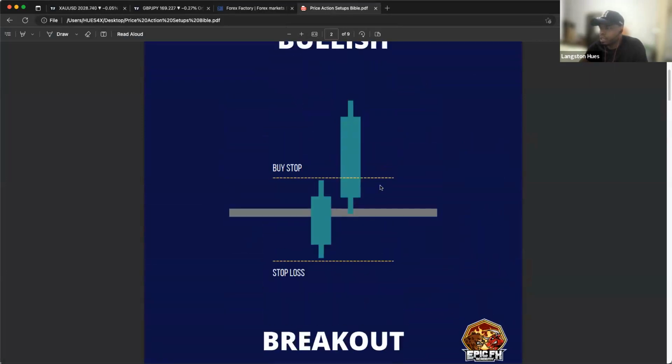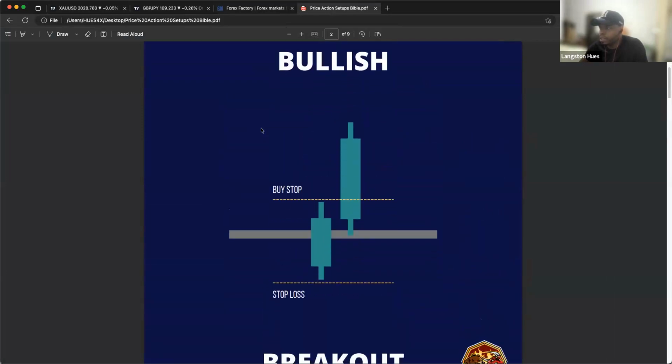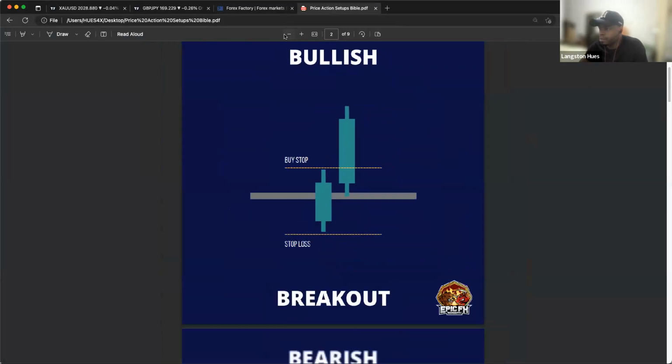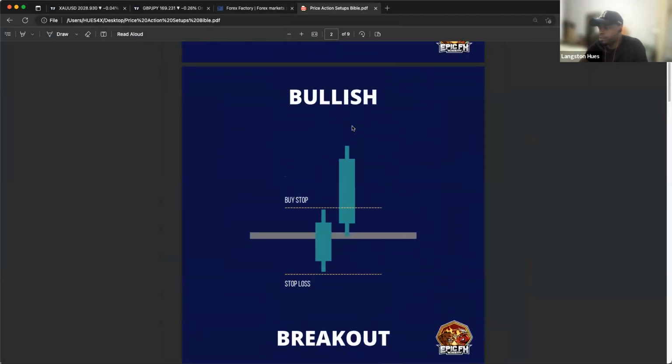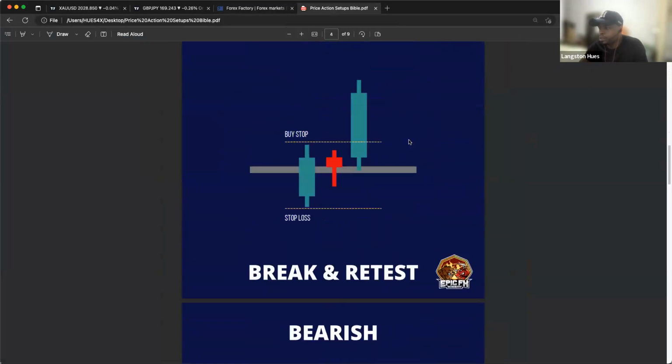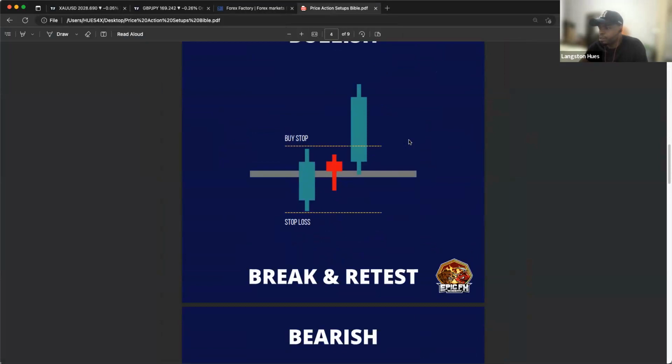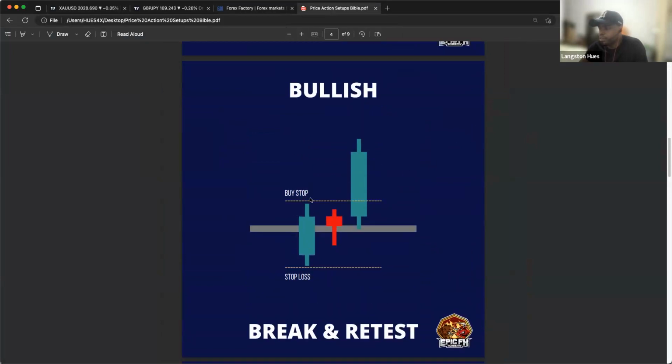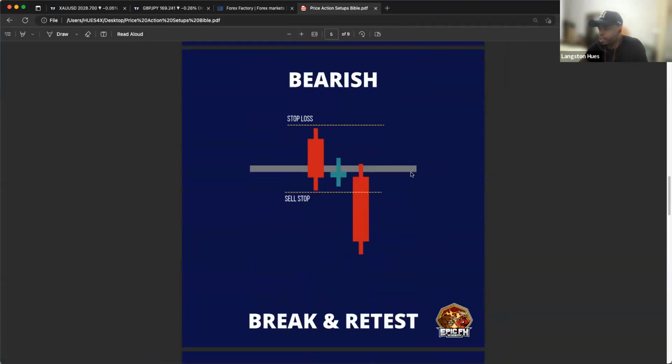You got the breakout setup: the bullish breakout, the bearish breakout. Bullish break and retest: price breaks up, closes, the next candle closes bearish respecting the previous support, then on a break of the high of the previous bullish candle, you enter.